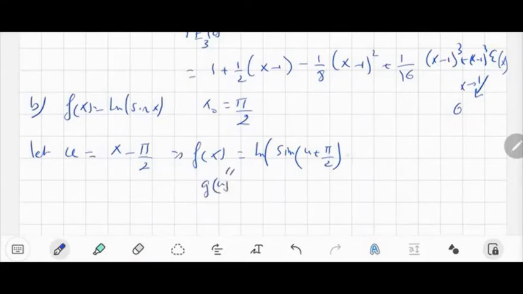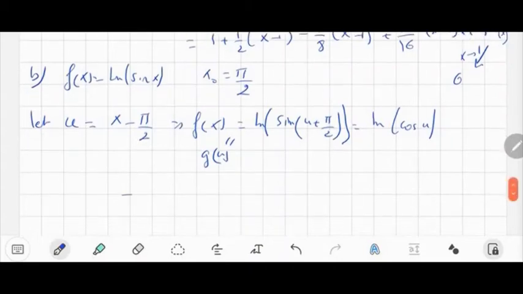To calculate its finite expansion, I will calculate the finite expansion of what's inside and then for ln. But sine of (u plus pi over 2) is cosine u. So it's equal to ln of cosine u. Now ln of cosine u, we already calculated the finite expansion of this function in exercise 2.